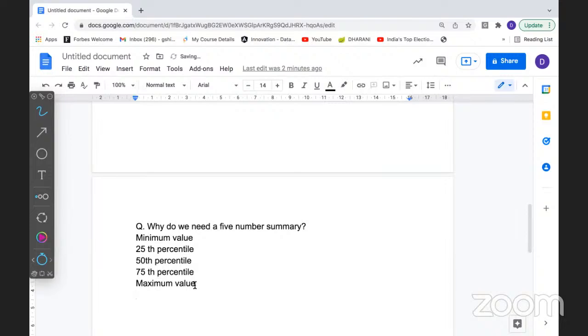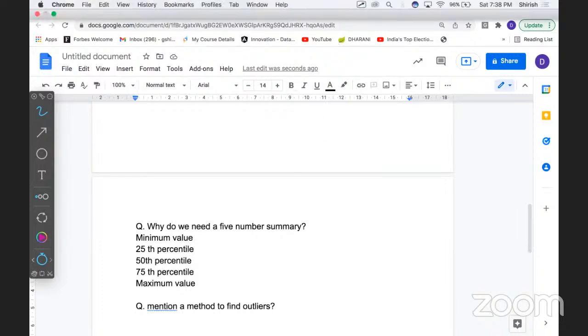Now using these 5 numbers, how do you find that there is an abnormal situation in your data? Mention a method to find outliers. The 5-number summary is used here. So how are they going to display the outliers?